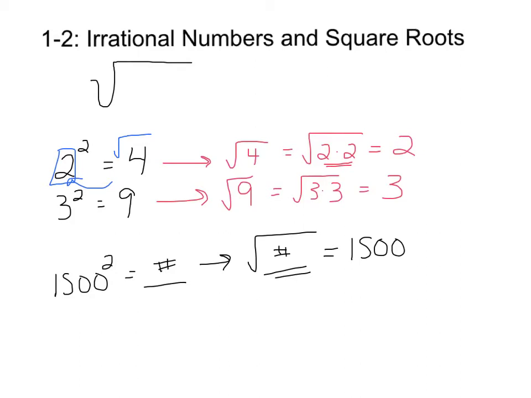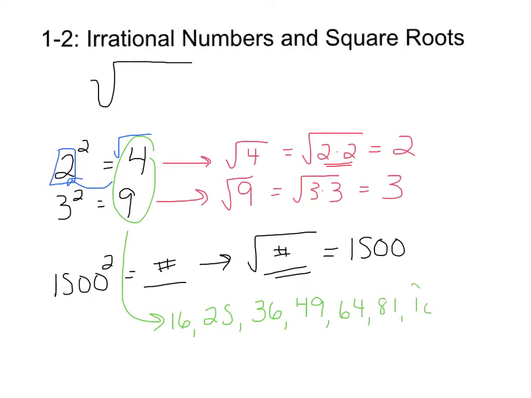Okay. These numbers that I've been coming up with, the 4, the 9, if I was continuing on, 4 squared is 16, 5 squared is 25, 6 squared is 36, 7 squared is 49, 8 squared is 64, 9 squared is 81, 10 squared is 100.